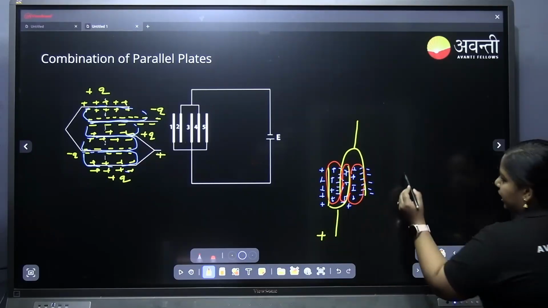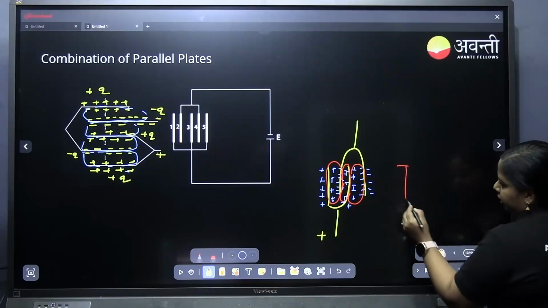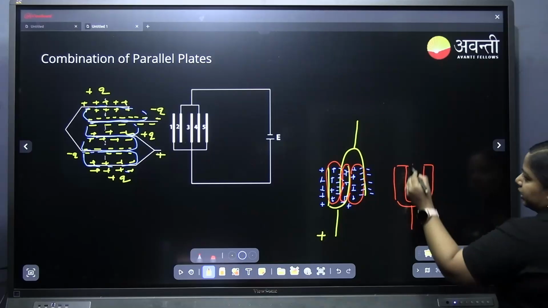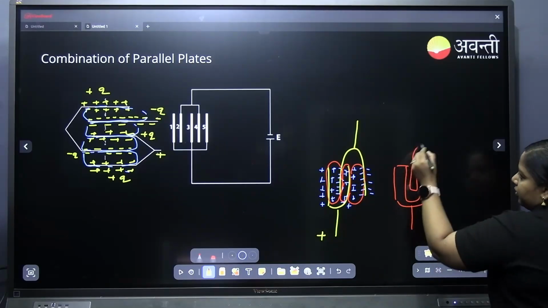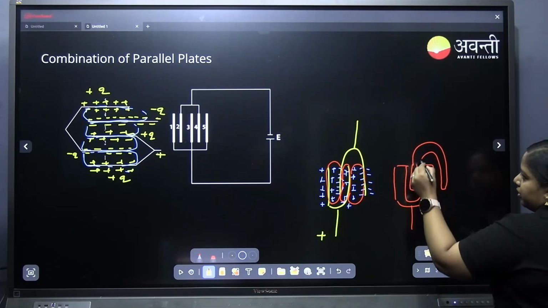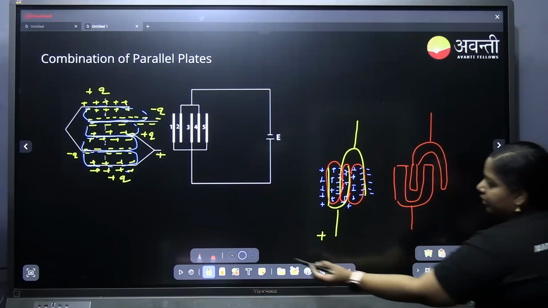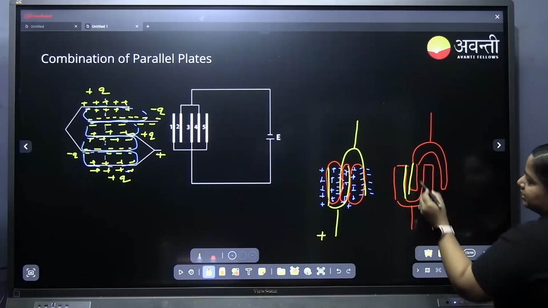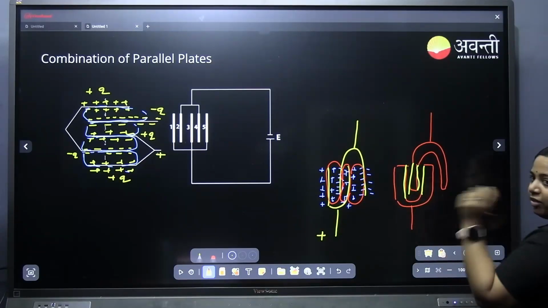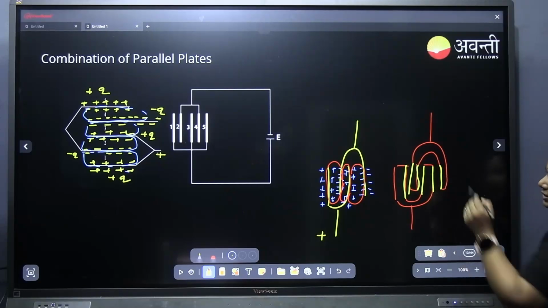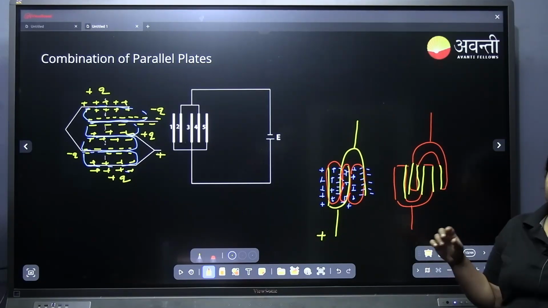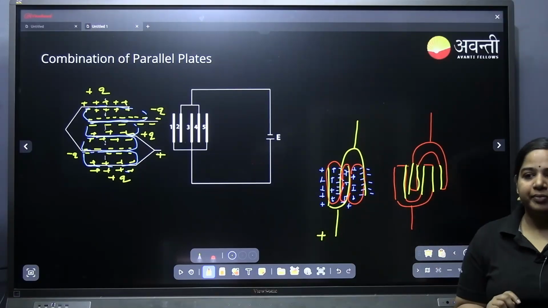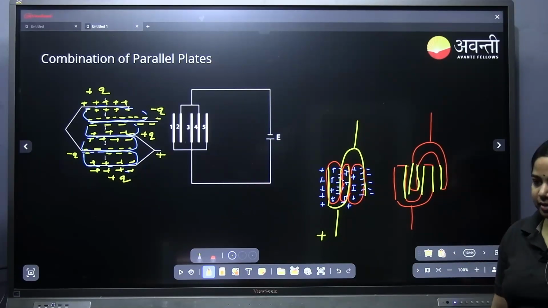Now if I want to show it in a different manner, it will be like this. Here this side and this side one capacitor, this side and this side one capacitor, this side and this side one capacitor. It will act in a way that 3 capacitors are connected in parallel. Now is it clear?